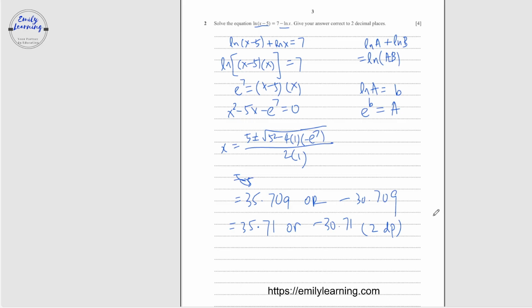But before we do that, we need to check back, right? So what do we know? We have ln bracket x minus 5 and ln x. Can we take ln of a negative number? No, right? So we need to reject this.